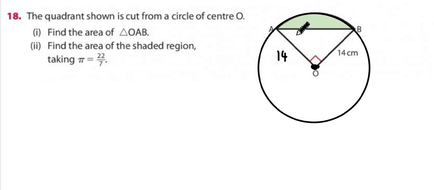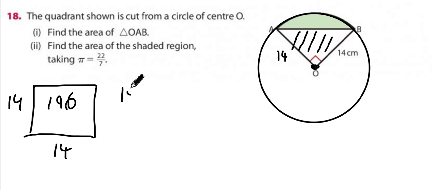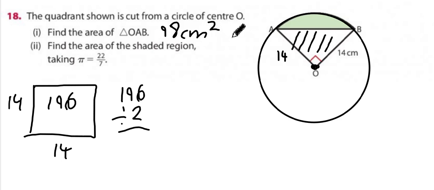Can anybody tell me the area of the triangle? It's half a rectangle or half a square. So 14 by 14 is 196, and then divide that by 2. So the area of that is 98 centimeters squared.